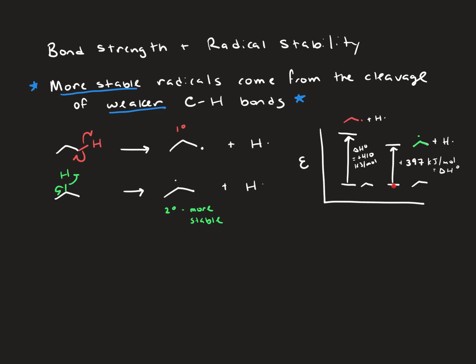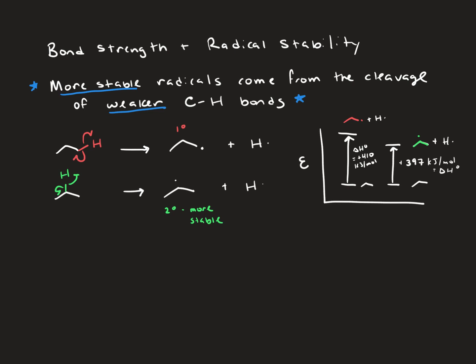Because it requires less energy for this process to happen, it's more likely to happen. And that's just another way of thinking about the same thing. You can think about this in terms of the stability of the resulting radical, or you can think about it as the weakness of the C-H bond. They're the same thing in different ways.